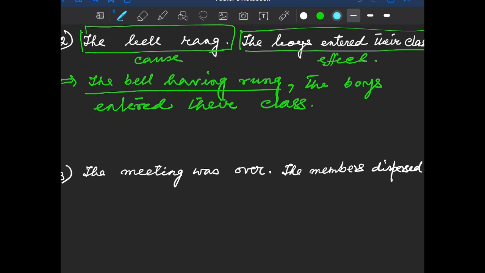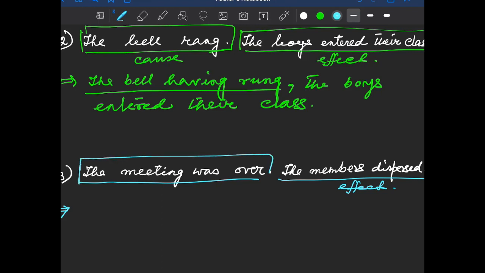Now go to the last set of sentences. The meeting was over, the members dispersed. This is the effect. We will keep it as it is and we will turn into an absolute phrase. Here it is, cause.